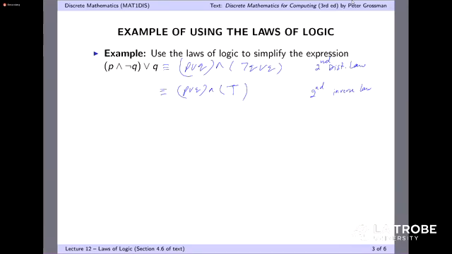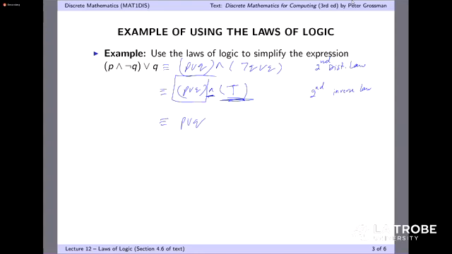Now this is equivalent to, what law am I going to use there? Look, I'm taking an AND statement with a tautology of something. Identity law, exactly.